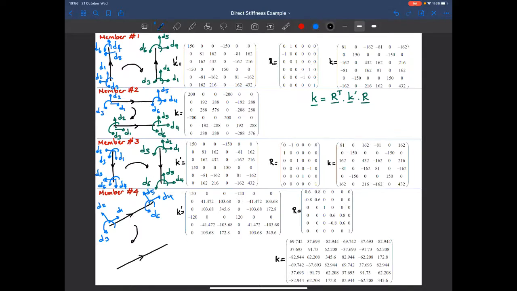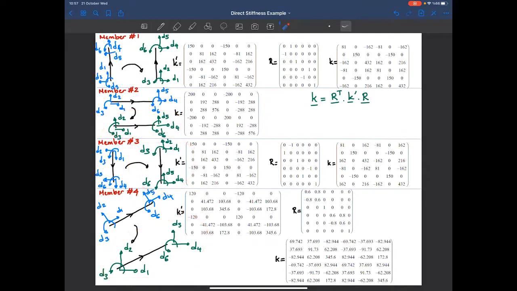We do the transformation, and after the transformation, D1 will be in the global x direction at the start node, D2, D3, D4, D5, and D6. So once we do this transformation for every member, we obtain the stiffness coefficients in the global directions.